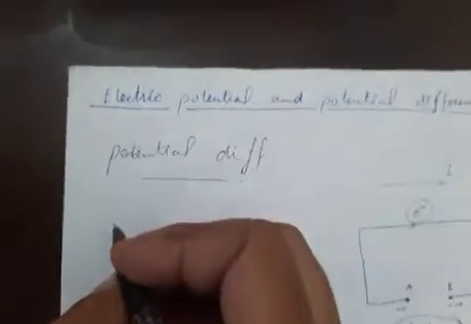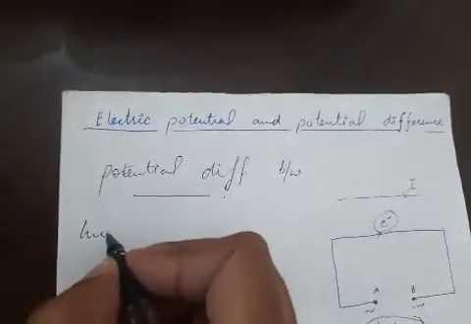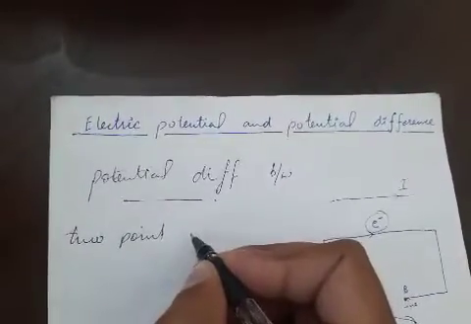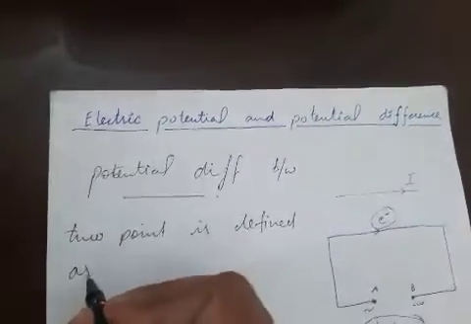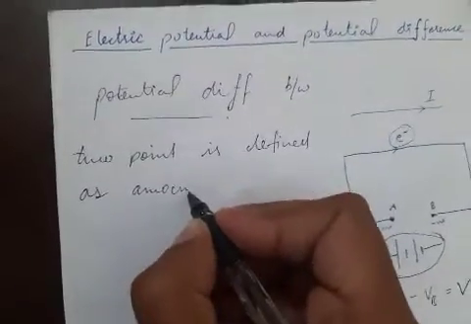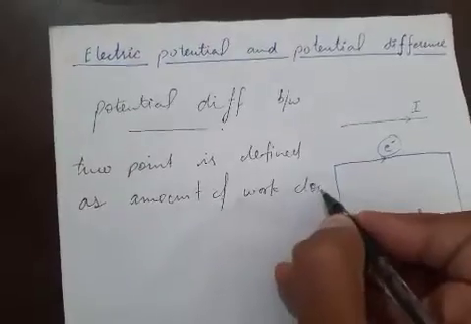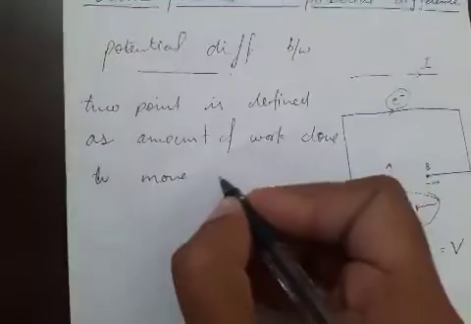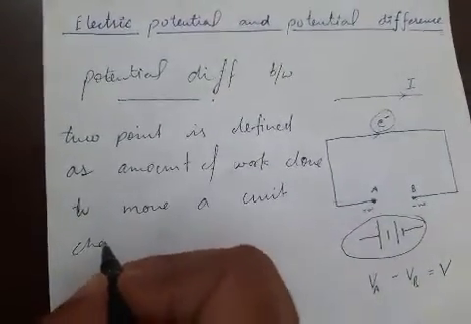Simply, potential difference between 2 points is defined as the amount of work done to move a unit charge.